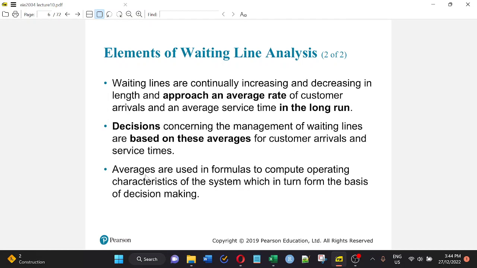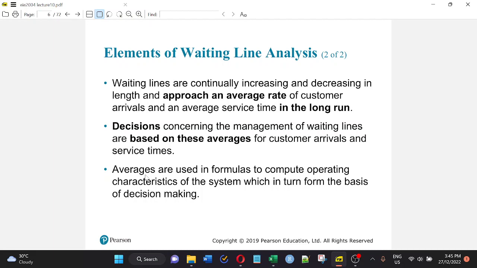So waiting lines are continually increasing and decreasing in length, but in the long run they approach an average rate of customer arrival and an average service time. We can take, in one day, how many customers come in and what is the average time they are served. Decisions concerning the management of waiting lines are based on these averages for customer arrival and service time.